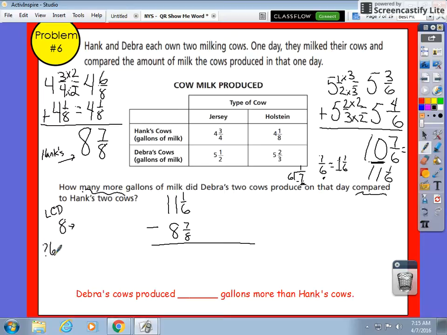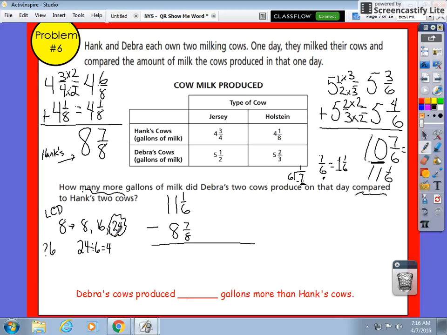So my first multiple of 8 is 8, and 8 divided by 6 is not a whole number. My next multiple of 8 is 16, and 16 divided by 6 is not a whole number. My next multiple of 8 is 24, and 24 divided by 6 is a whole number. The whole number is 4. So I found my least common denominator.